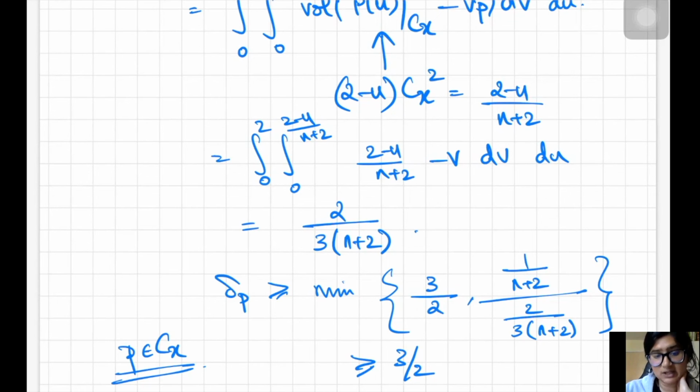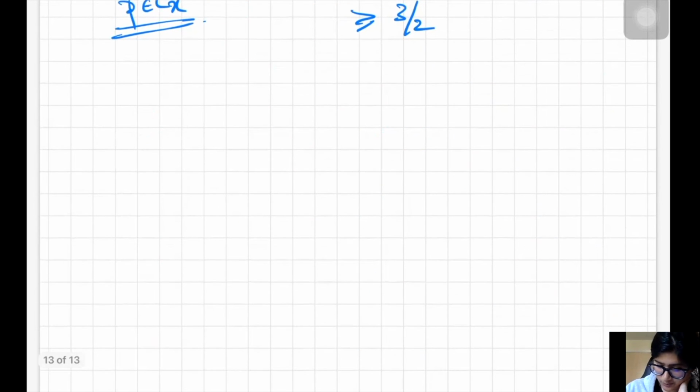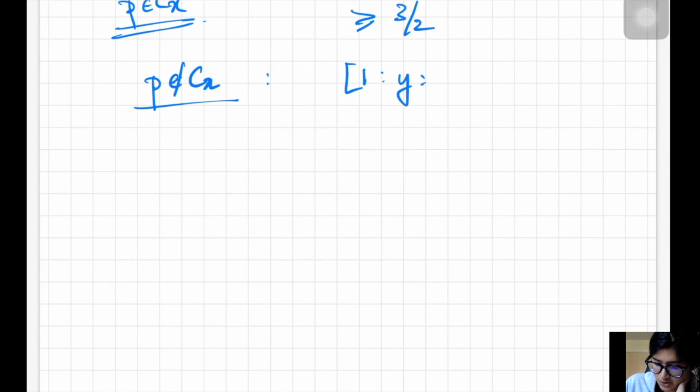So now when you take another point on the surface, which is not on Cx, what do you do? Because now you need a curve. Because I know my point is not on Cx, I know my x coordinate is going to be 1. So it's some y, z, t.